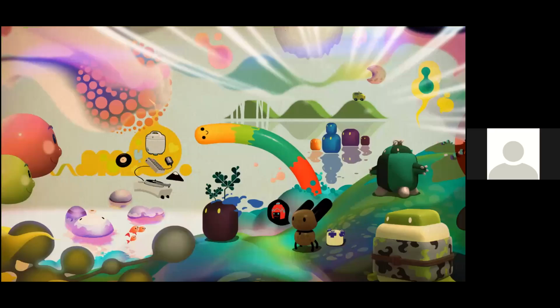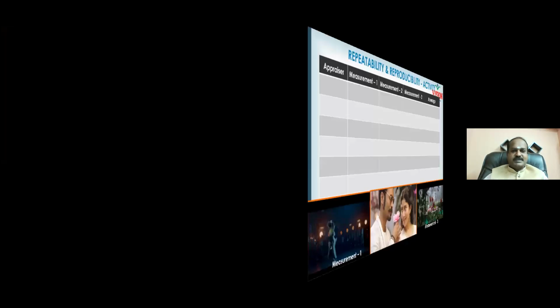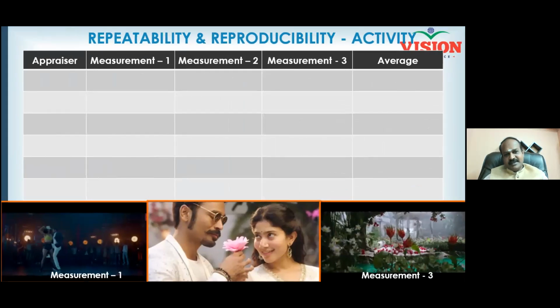All of you told me that the least count of your stopwatch is 1 centisecond, or 0.01 second. But sir, I have a stopwatch with milliseconds. Right, no problem. You can still measure it and give me the reading. I will take up to centisecond. The third decimal I will ignore.